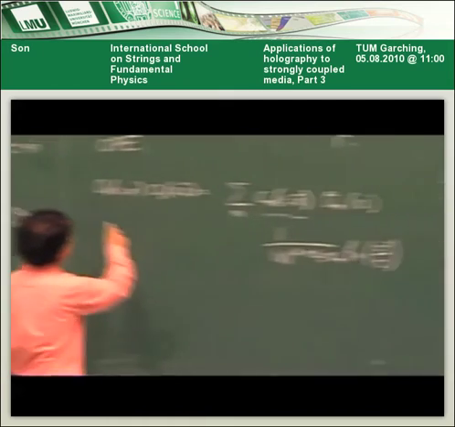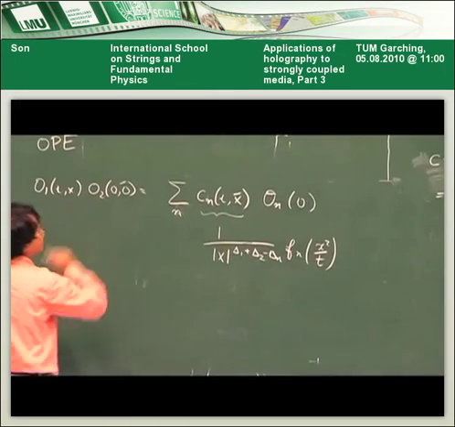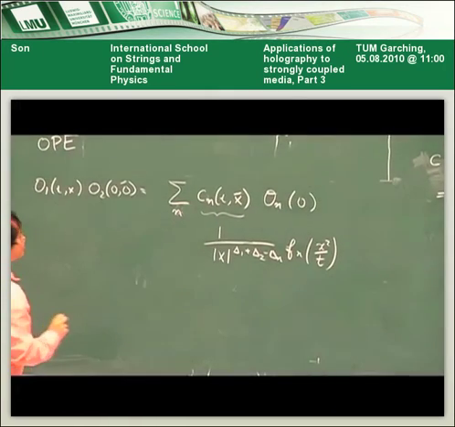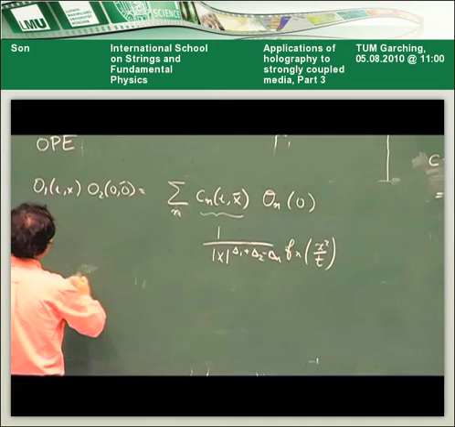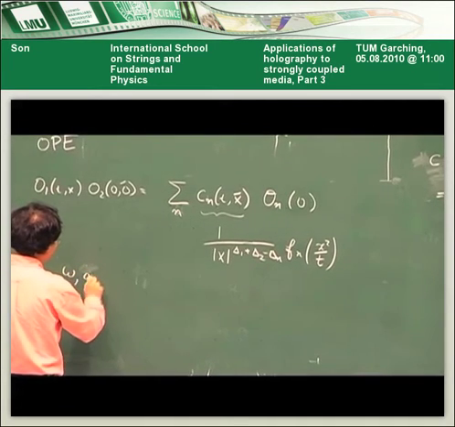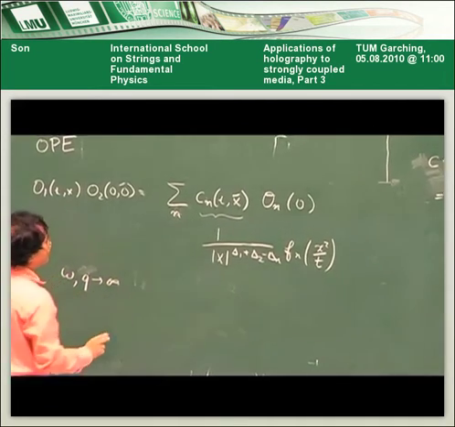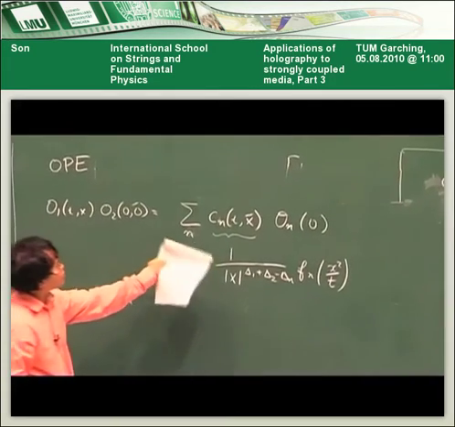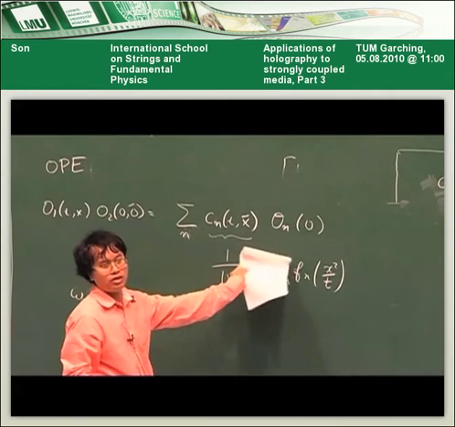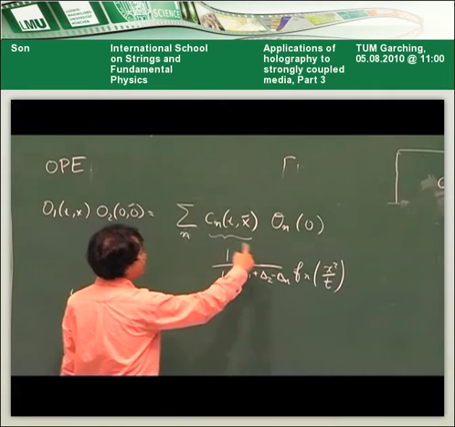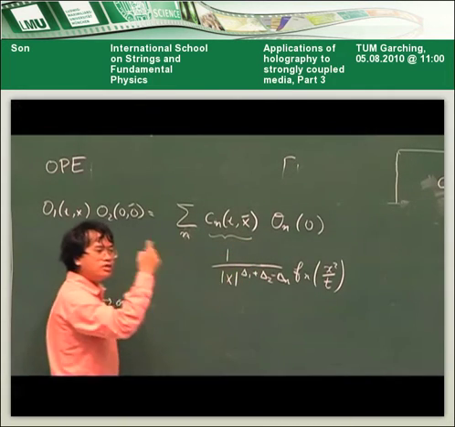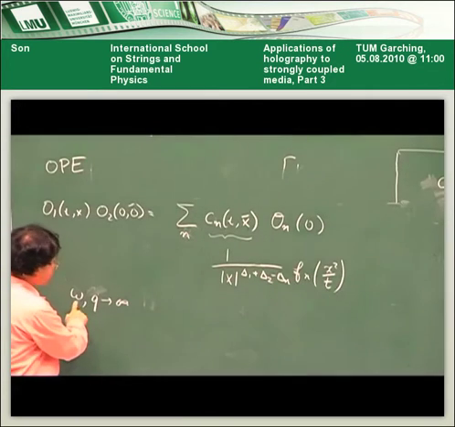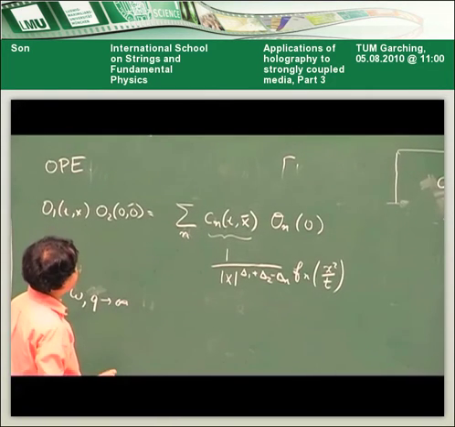If you Fourier transform that, in the limit when the momentum and frequency go to infinity, the most important contributions are those that come from operators with lowest dimension, because the Fourier transform of this object is going to decay very quickly as omega and q go to infinity.